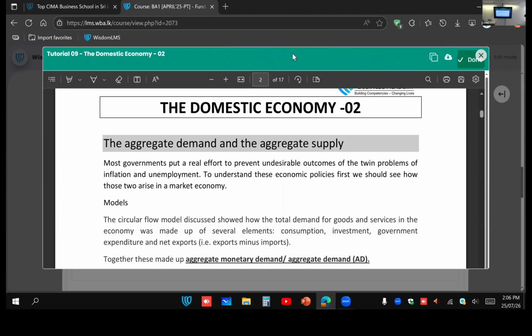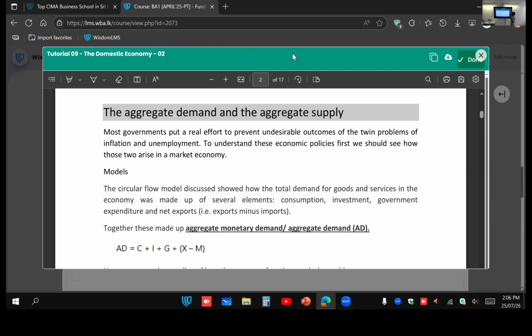This is the macroeconomic context, aggregate demand and aggregate supply. Most governments put a real effort to prevent undesirable outcomes of the twin problems of inflation and unemployment. So what are the 4 basic pillars of the national economy we discussed? Two I can help with: unemployment and inflation. What was the other part?